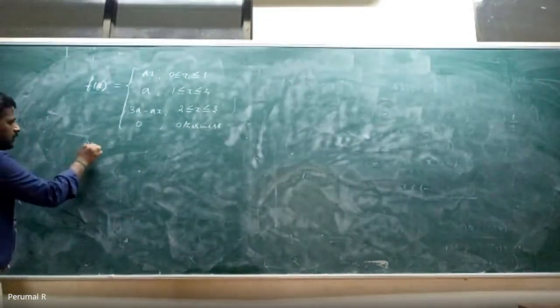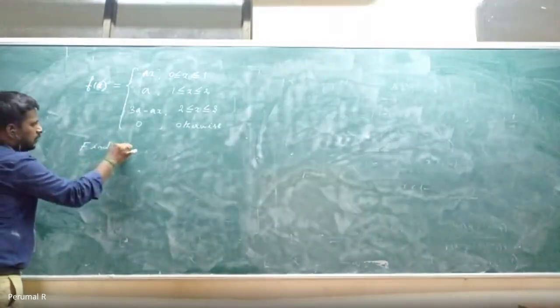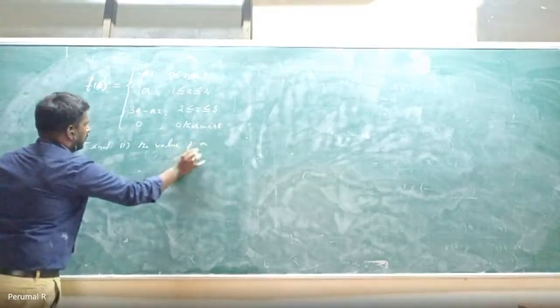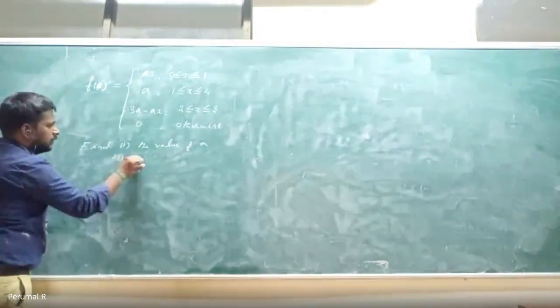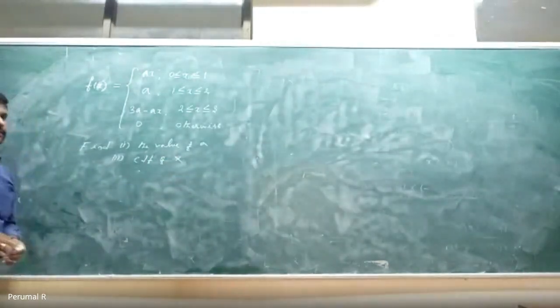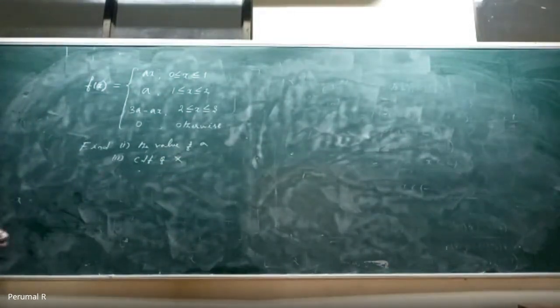The question asks first to find the value of a. Second, find the CDF of the random variable X. So how to get that?